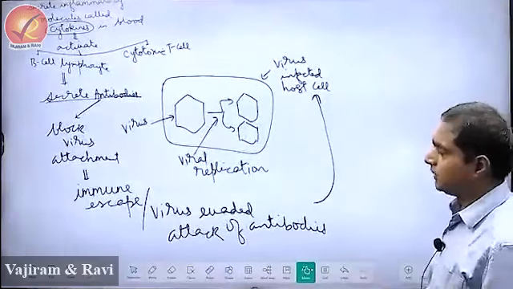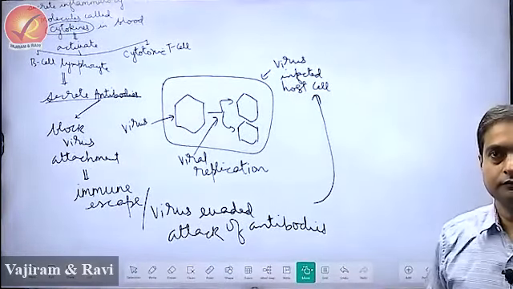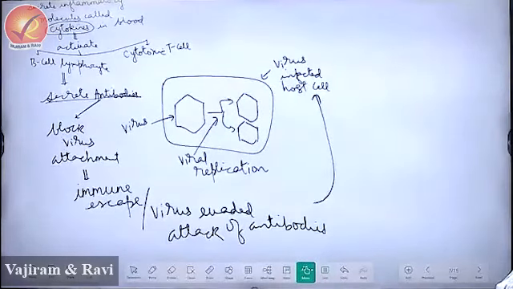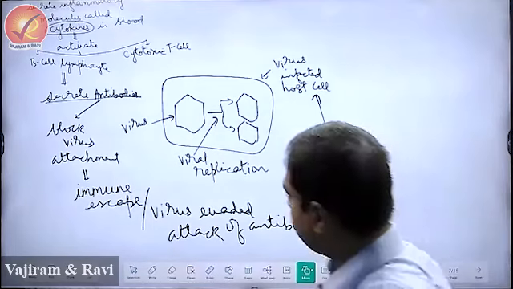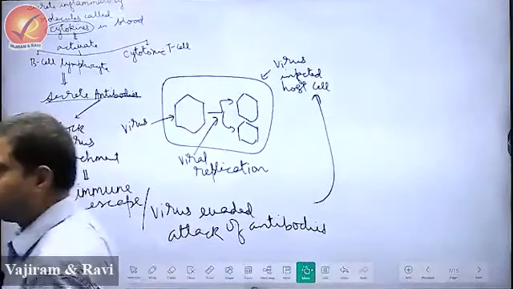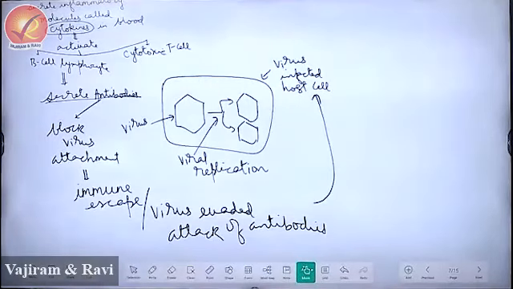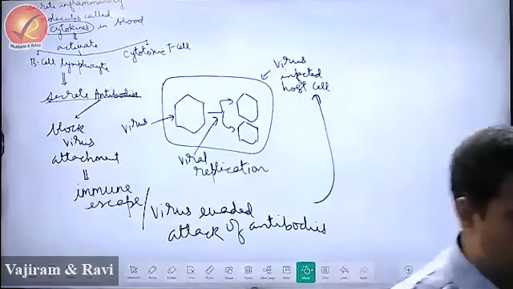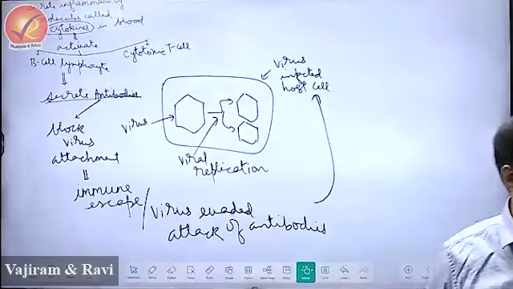How does the body protect itself? Have we understood the context? So now we are saying that unfortunately the virus was able to evade the attack of antibodies and attached to the healthy cell, converted into a virus infected host cell. This virus infected host cell becomes a biological factory to produce what?